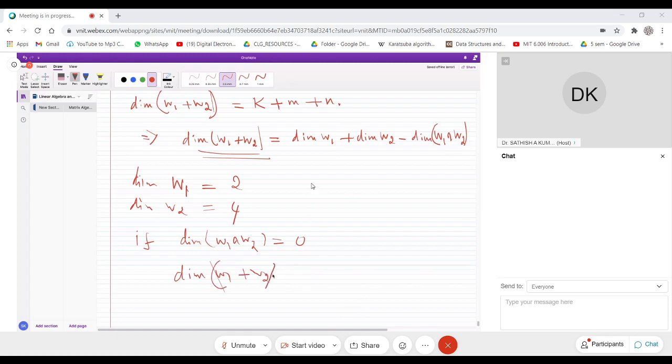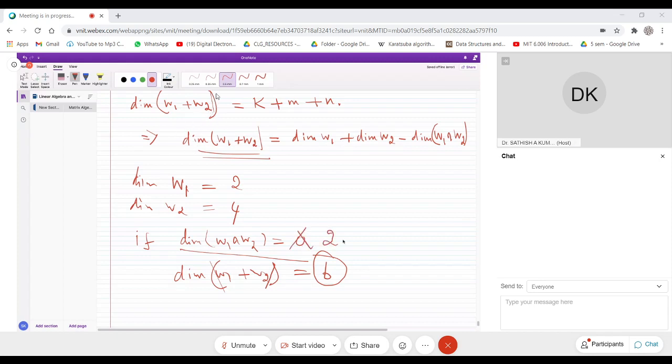Directly I can add these two, just 6 vectors. If this is not true, and the dimension of W1 intersection W2 is not 0, let's say at least one vector is there, then the dimension of W1 plus W2 is not the same as 6. It should be 2 plus 4 minus that. That is what you will get.